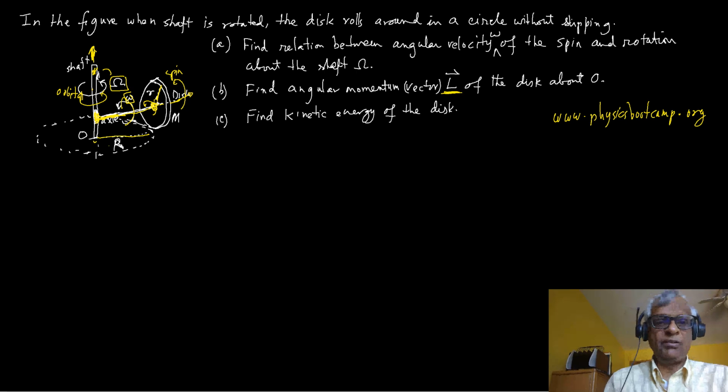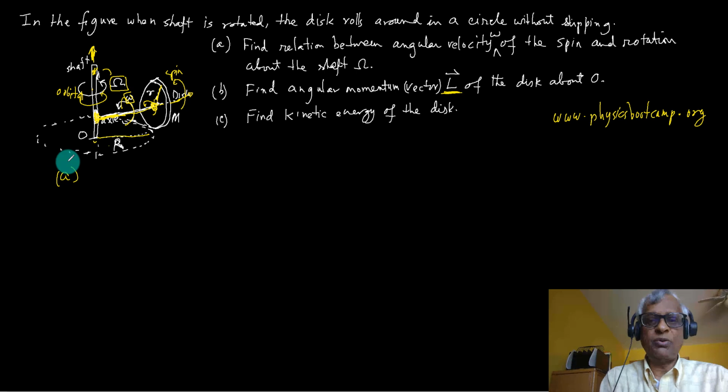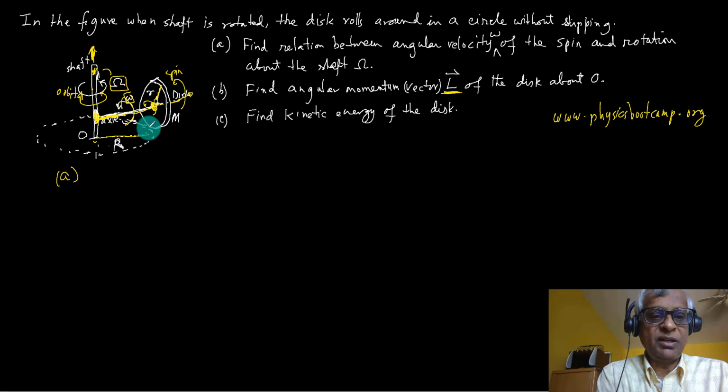Okay, we're back. So let me do A. How would I do A? Well, imagine if you go once around the big circle, how many times will the disk go around?